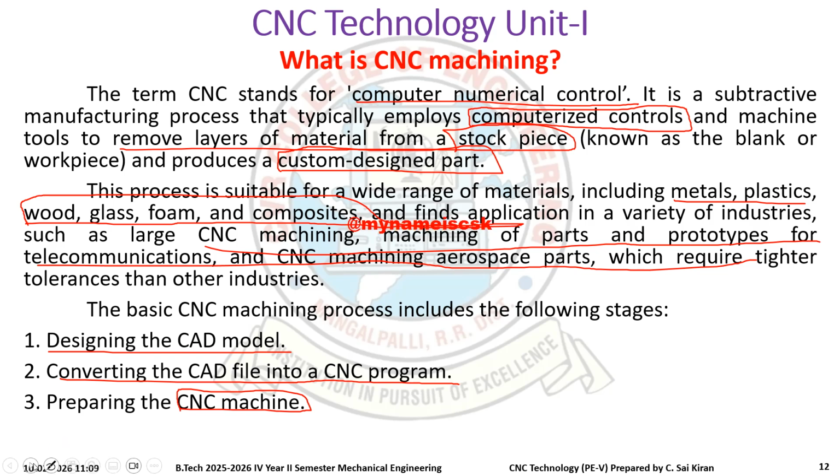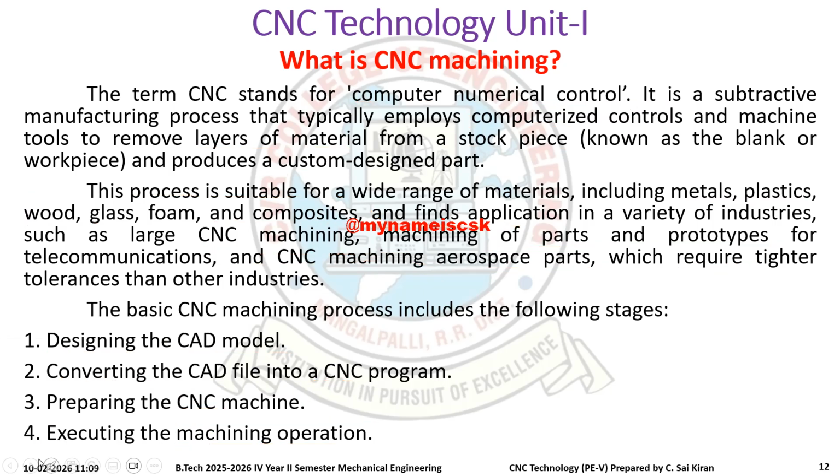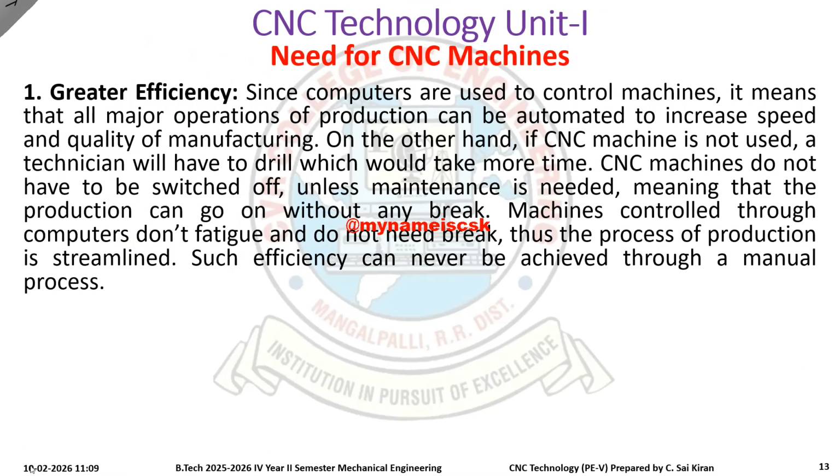We have to keep all the required tools that we have mentioned in the program. Next we have to execute the machining operation, that is, start the machining operation. So these are the stages of CNC machining.